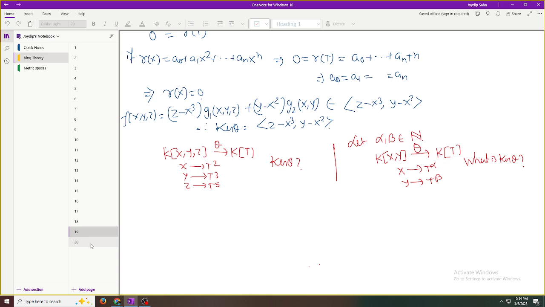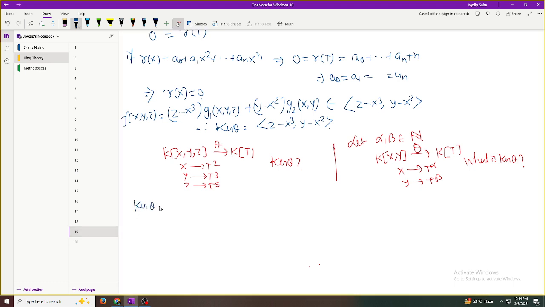So you claim that kernel theta is generated by y square minus x cube, comma, z square minus x to the power 5.